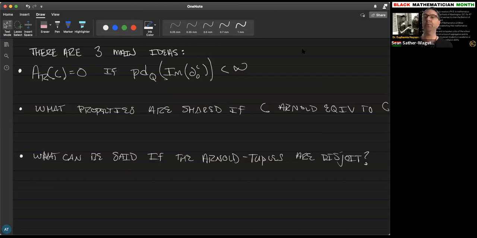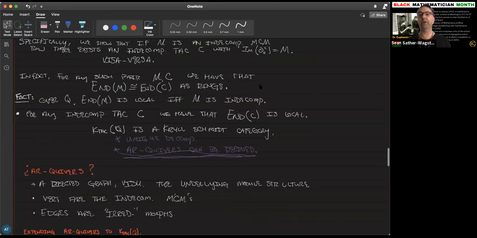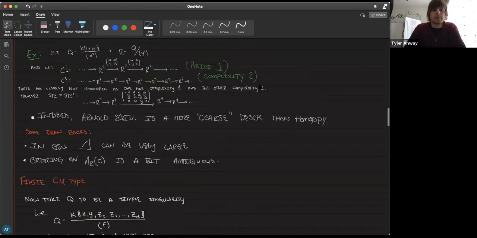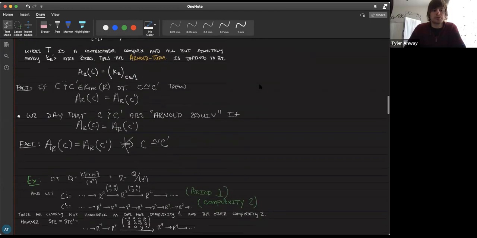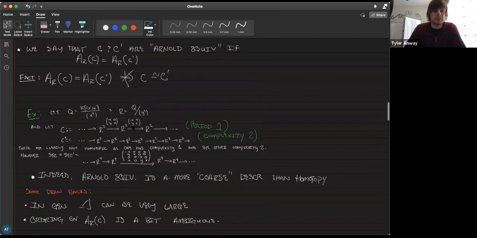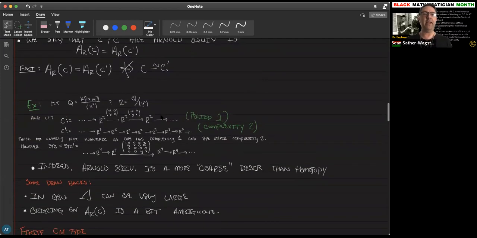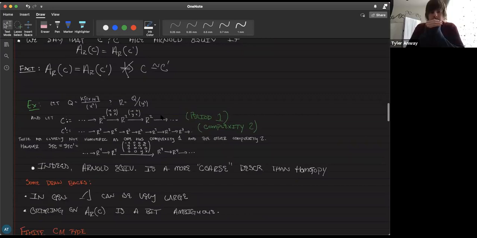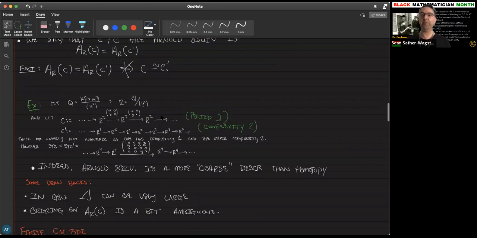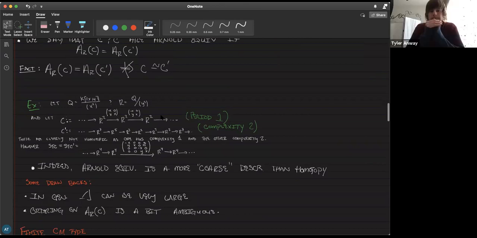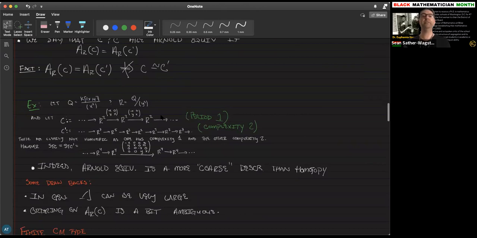Because you had this example where Q was when you mod out by x squared and then you mod out by y squared in order to get down to R. Is it this one you're talking about here? Yeah. So you chose Q to be that hypersurface, but you could just as easily have chosen Q to be the power series ring itself, in which case T would be very trivial and ST would be very trivial, right? So can you give any idea of what makes for a good choice of Q?